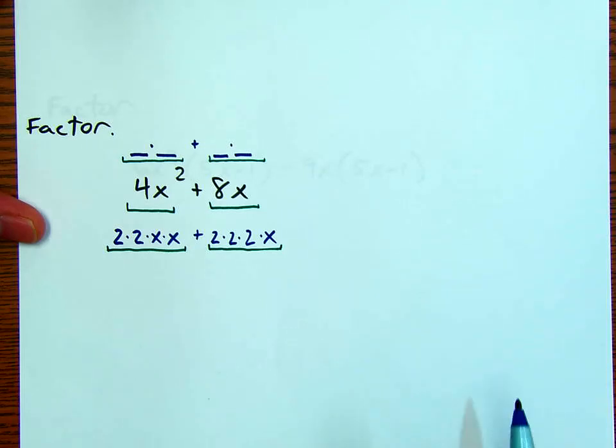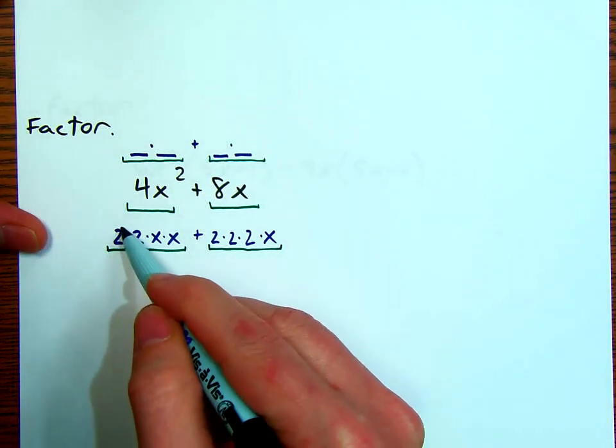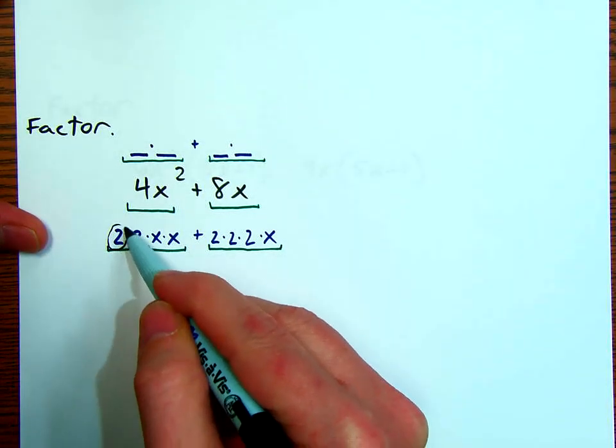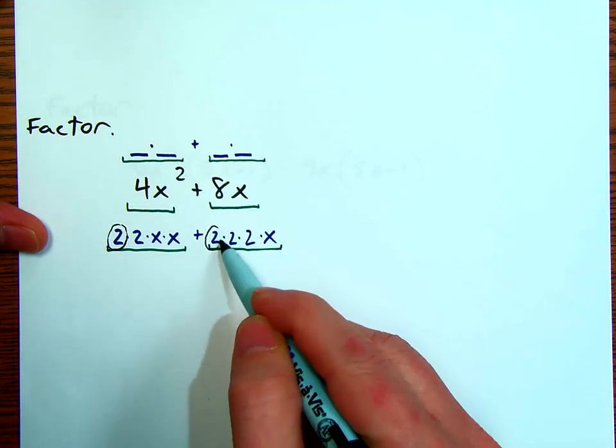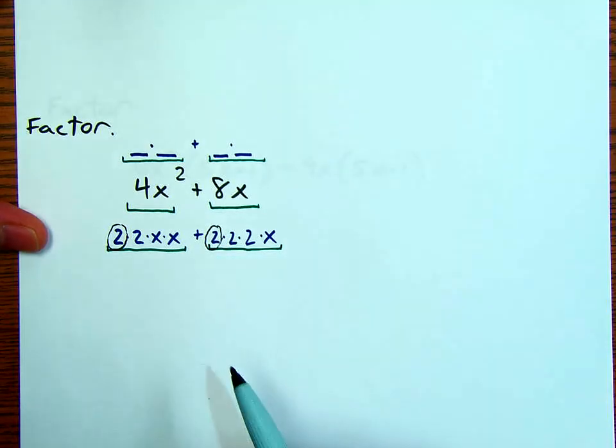But once we see all of these pieces laid out, the idea of a greatest common factor is to pull as many of the multiples that each term have in common out. So in this case, we can see that there is a 2 that both of these terms have in common, so we can pull that out.